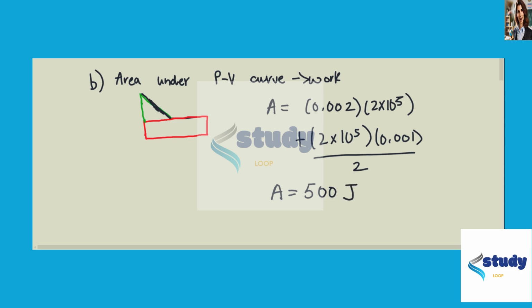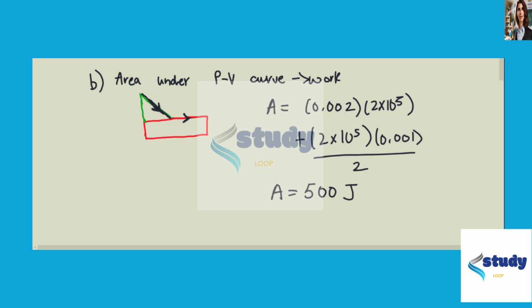So the only other thing that we need to figure out is, is this the work done by or the work done on the system? On a PV diagram, if you've got the arrows pointing like this in the positive V direction, this is going to be work done by.